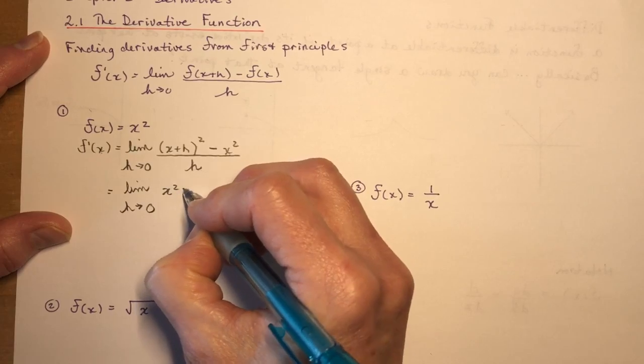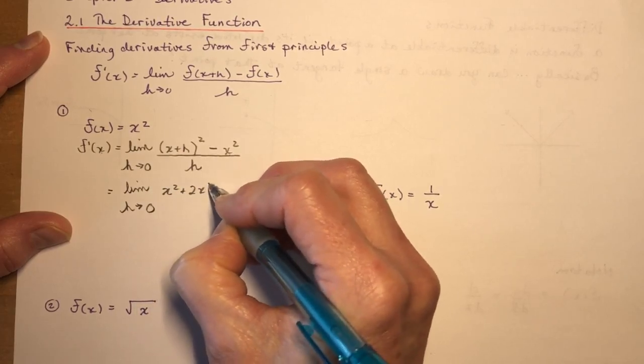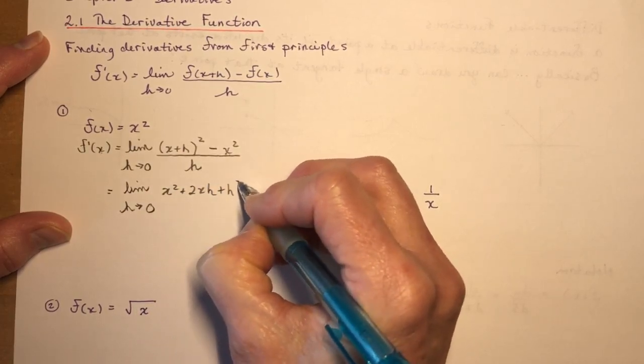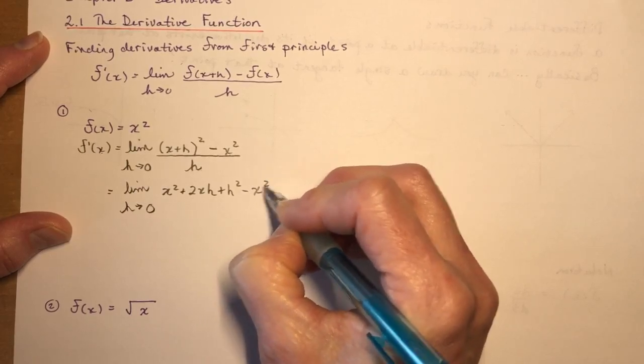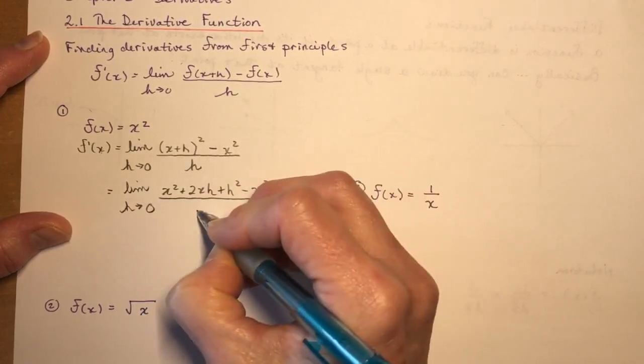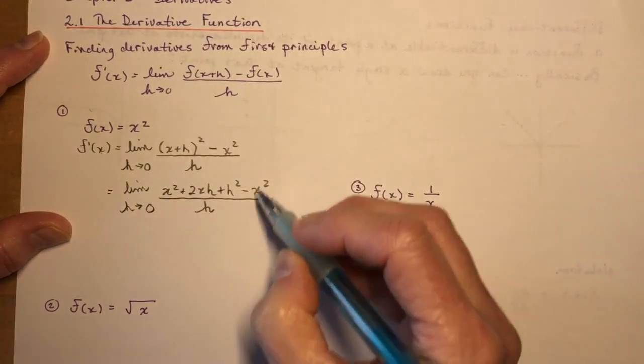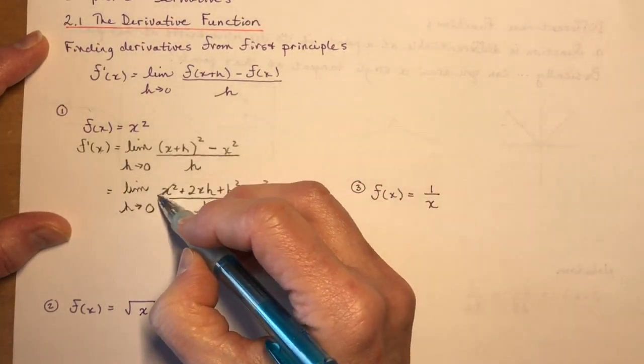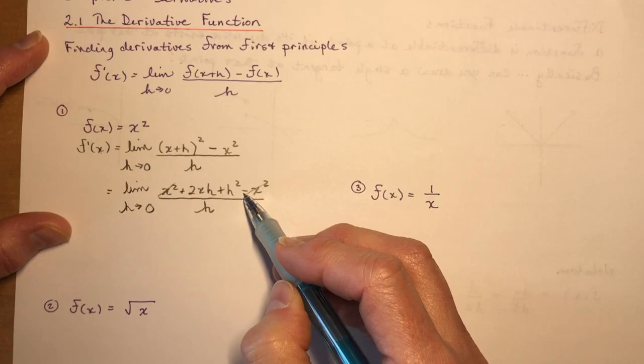Okay, so I square, I twice the product, 2xh plus h squared minus x squared all over h. And you can see these, x squared minus x squared, everything else has an h.